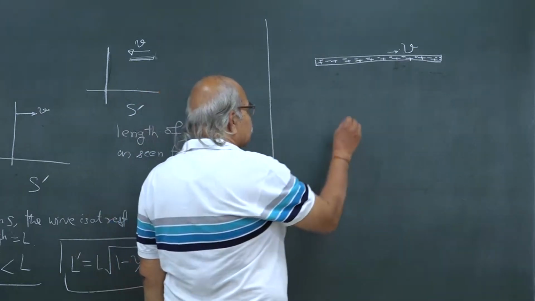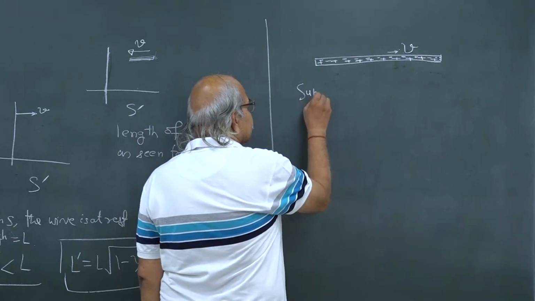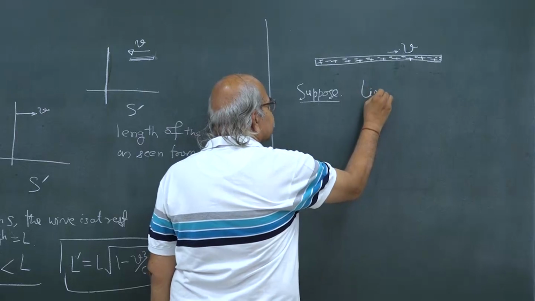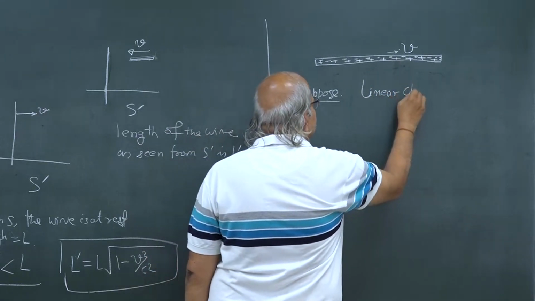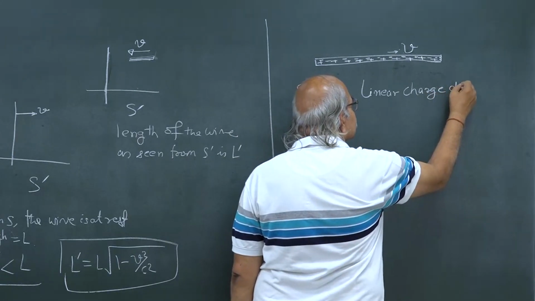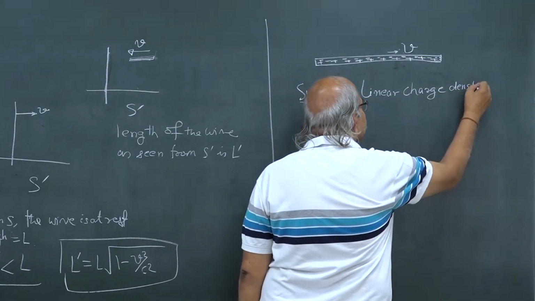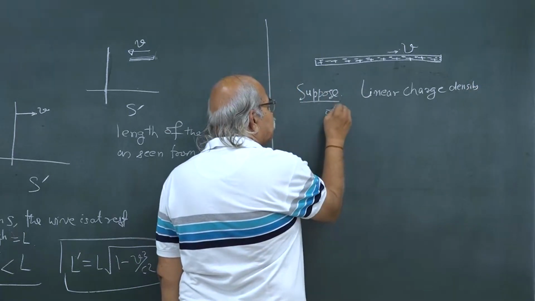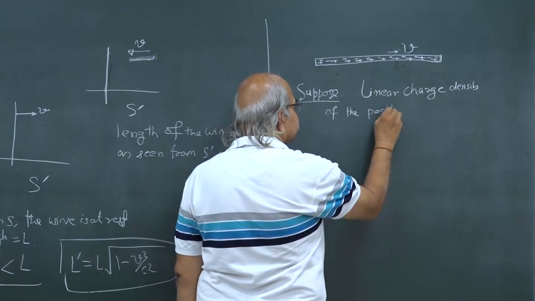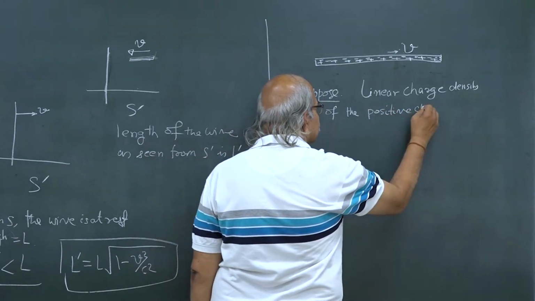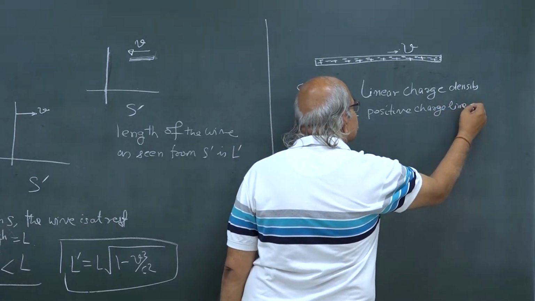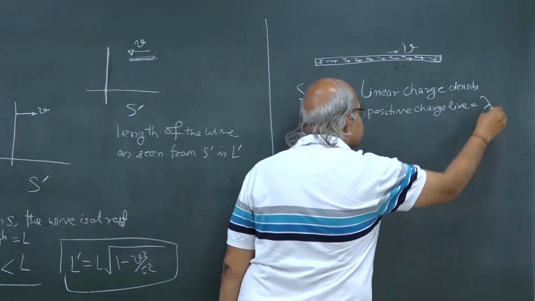Now, let us suppose that the linear charge density of the positive charges, positive charge line, is lambda plus.